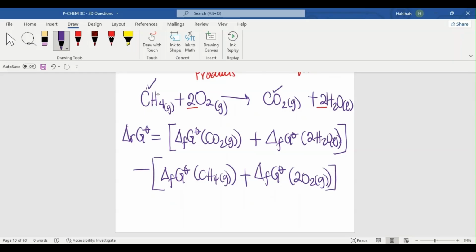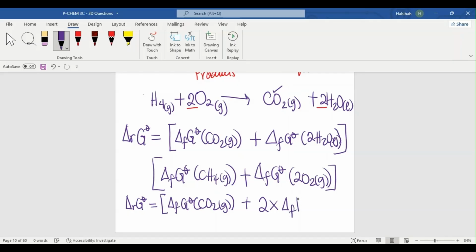The Gibbs energy of reaction becomes the Gibbs energy of formation for CO2, which has no coefficient, plus 2 times the Gibbs energy of formation for H2O liquid. All we're doing is taking into account the coefficients.